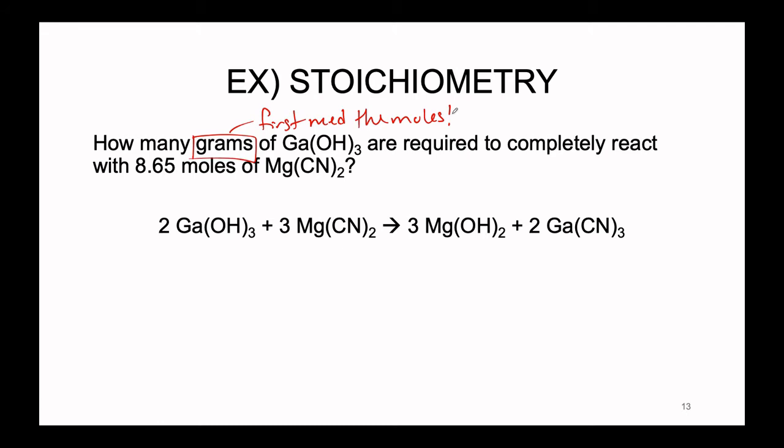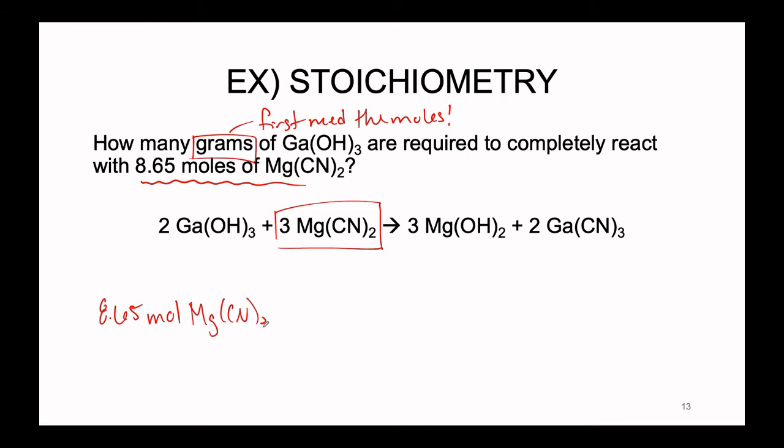All right, welcome back. We are going to be starting with what we know. We are going to be starting with 8.65 moles of magnesium cyanide, and magnesium cyanide, we can see in the equation below, is one of the reactants. So let's start with this 8.65 moles of magnesium cyanide, MgCN2.